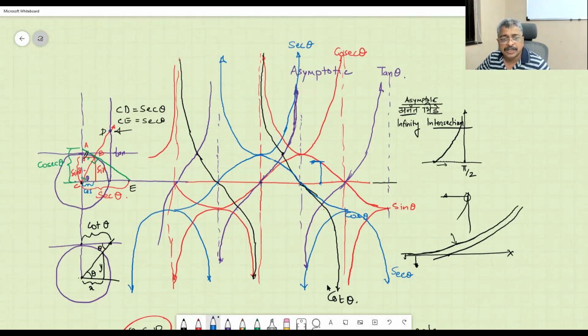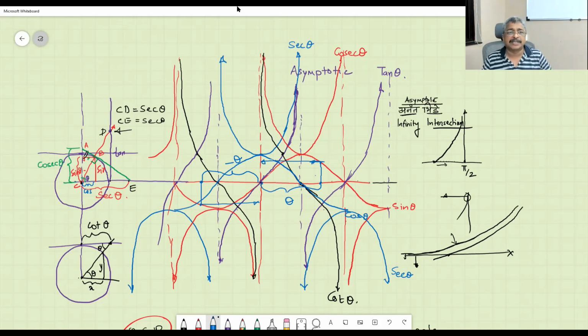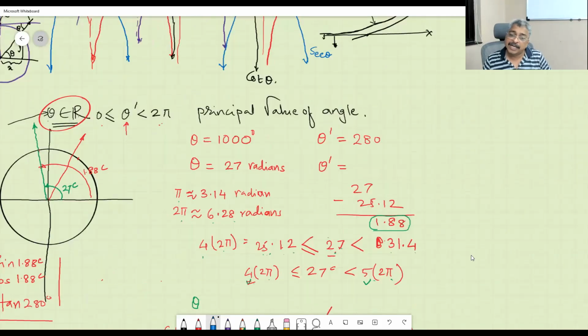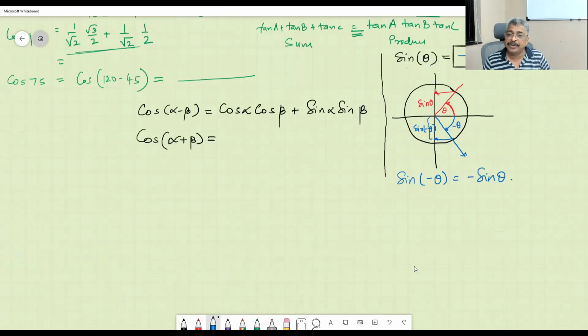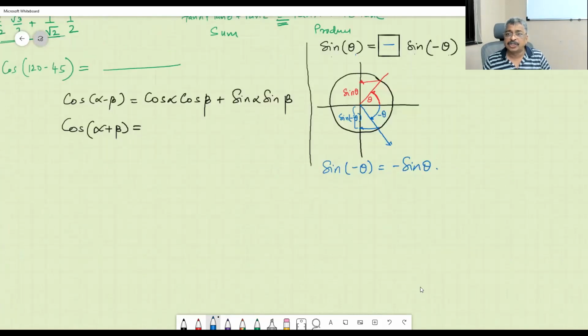What is opposite of theta? Exactly the same distance on the other side. I have to look here. The heights are going to be the same, except this is going to be a negative coordinate and this is going to be a positive coordinate. Therefore, sine of opposite of theta is equal to opposite of sine theta. And do you understand what I am trying to say?